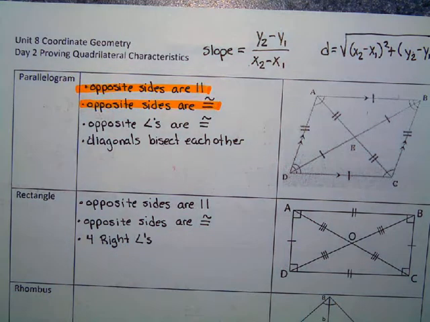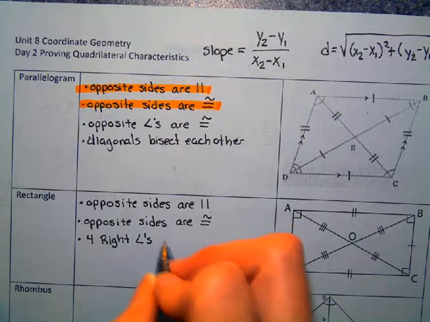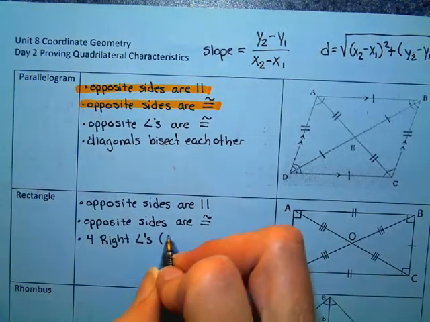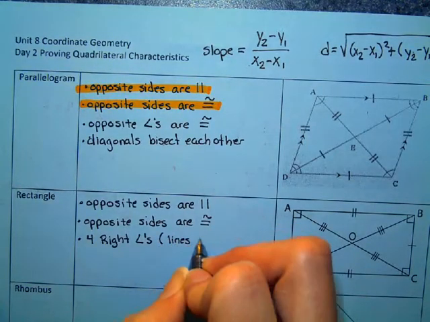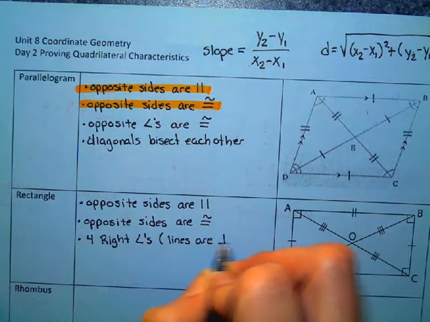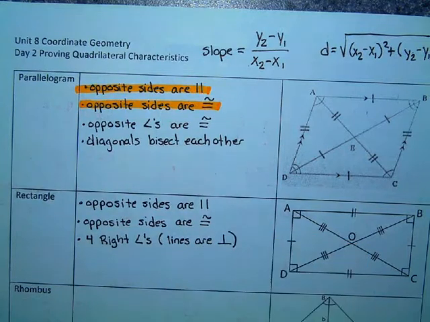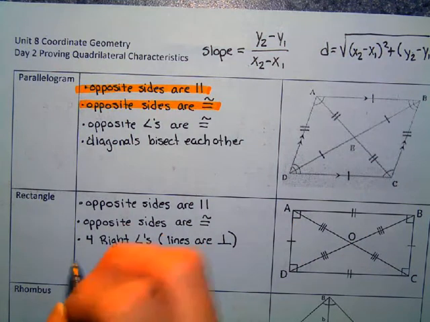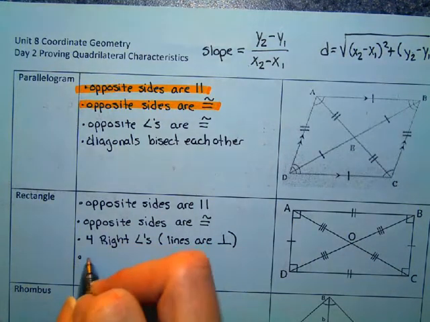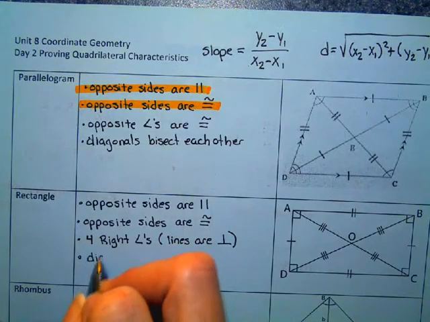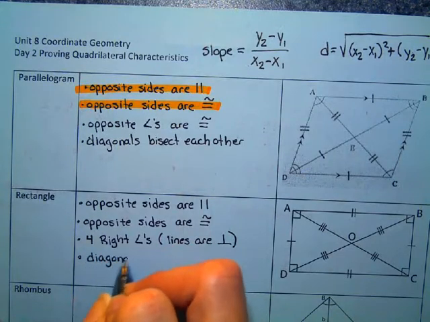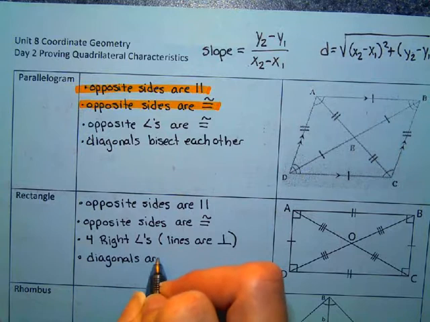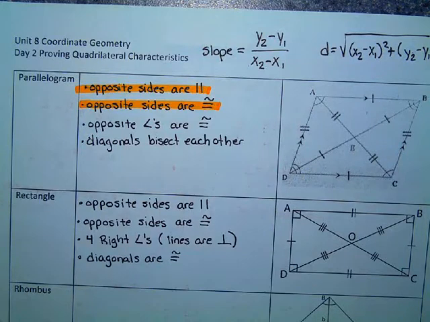So if you have right angles, that means that lines are going to be perpendicular. And that's important to know that 90-degree corners make perpendicular lines based on what we learned today. We could also say diagonals are congruent and bisect each other.